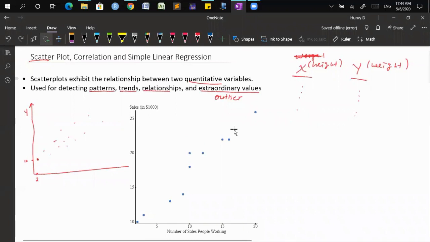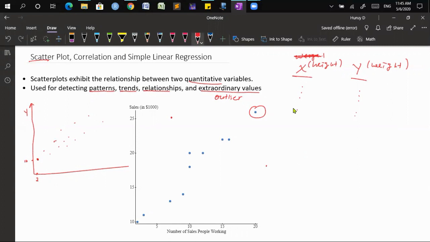So this is what information we can get from a scatter plot. Now, if you look at this value, you may say it's far from the rest, but this is not an outlier. When we have outliers, they have to be somewhere on this side, not on this side, because this is on the line. It's going straight, like on the line.